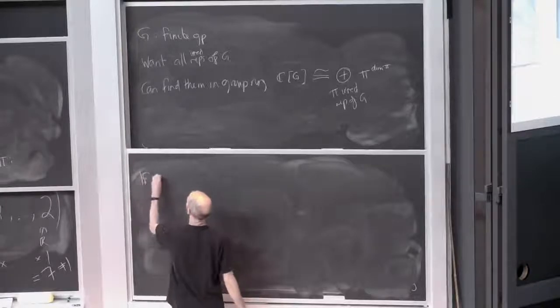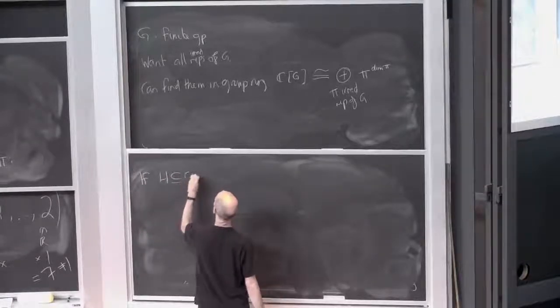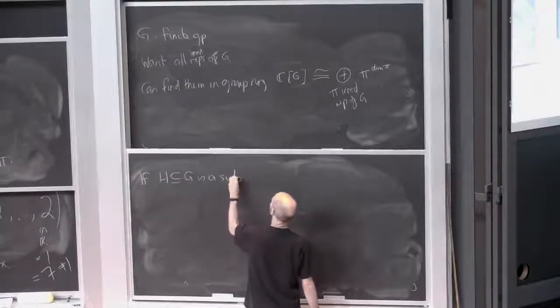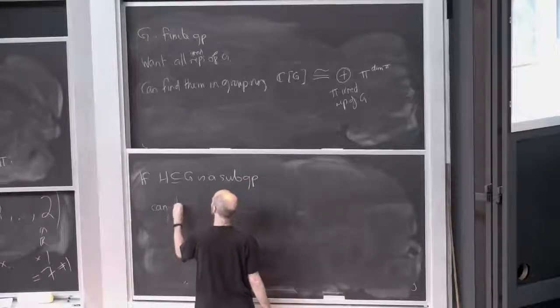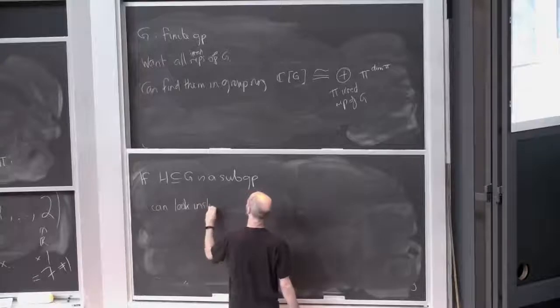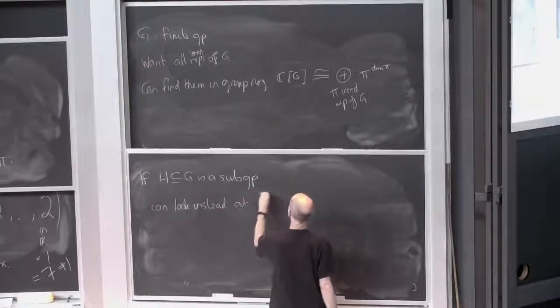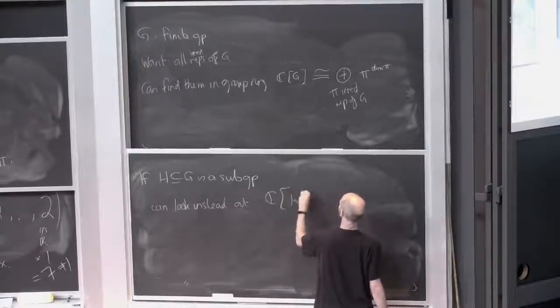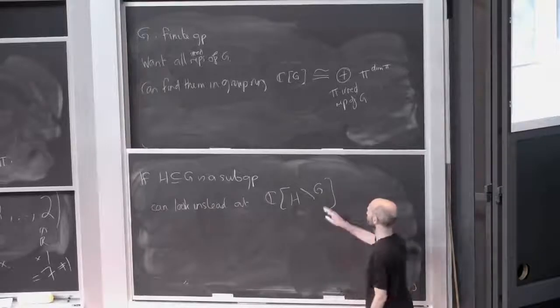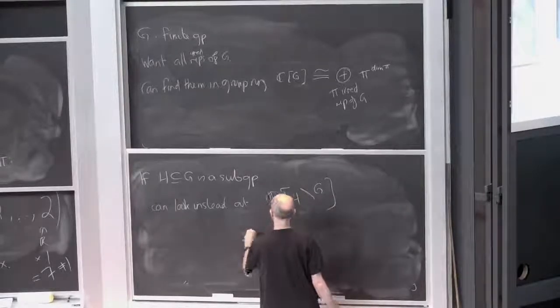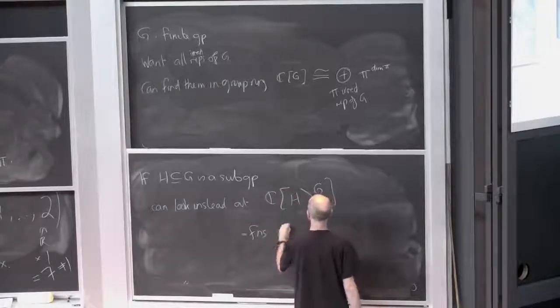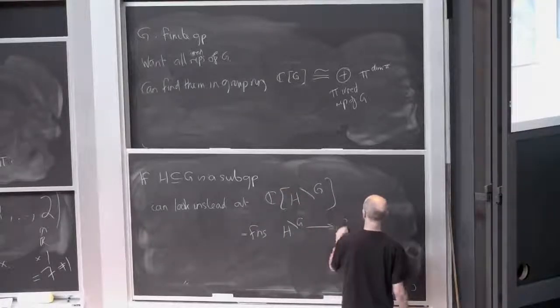If H living in G is a subgroup, what we could do, we can look instead at C of H mod G. I'm not saying H is normal, so this isn't a quotient group, but this is literally functions from the set H mod G to the complexes.